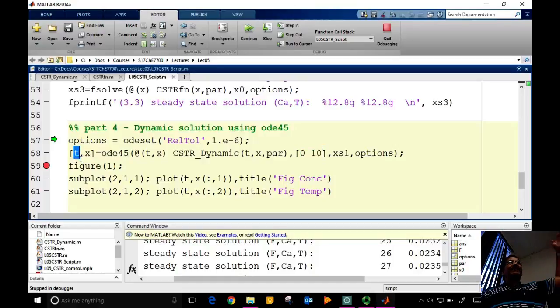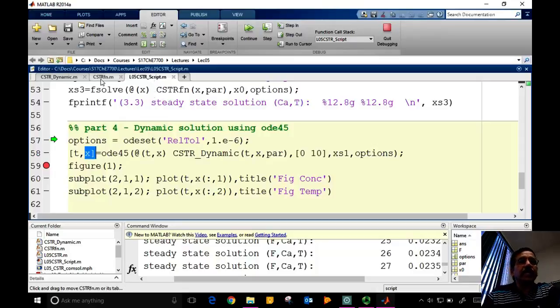So T would be a vector of time, and X would be a two-column matrix. The first column will be Ca, the second column will be temperature as a function of time, and you can plot those. Okay, so maybe we can stop there.